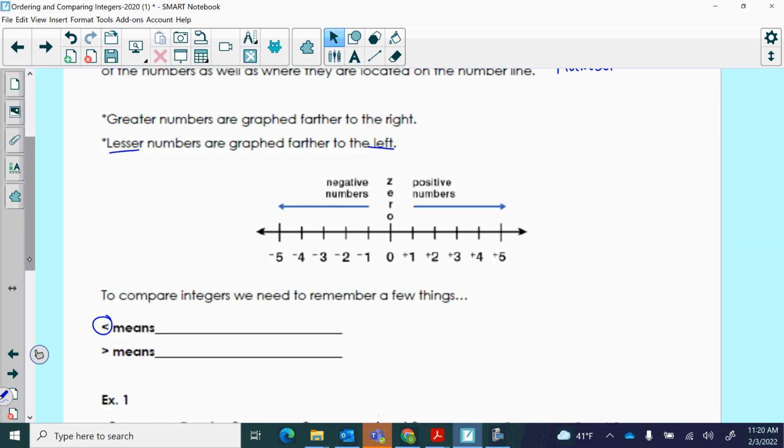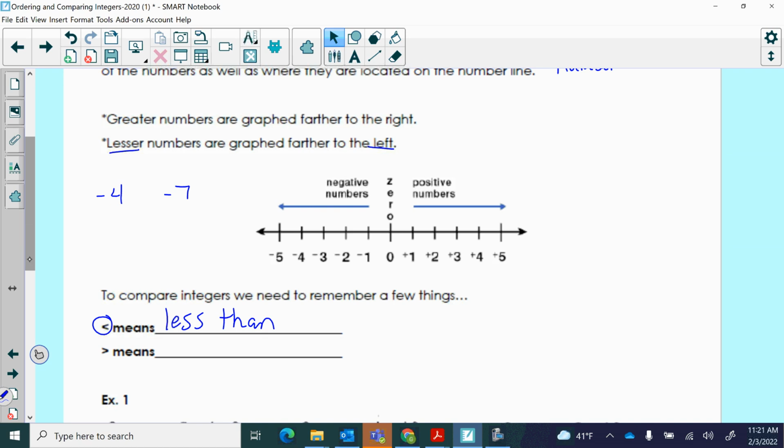All right, guys, what does this sign mean, Zuriel? It does mean less than. That means that the first number is less than the second number. For example, if I had -4 and -7, which one would come first?